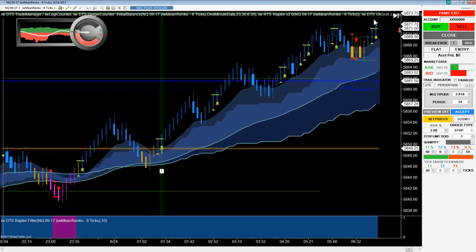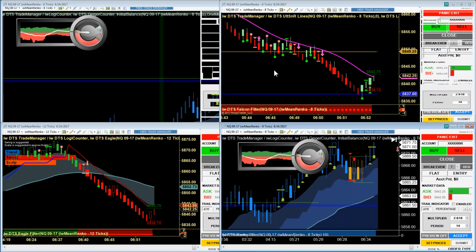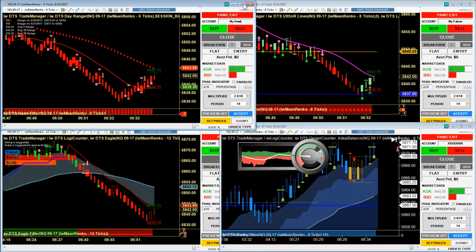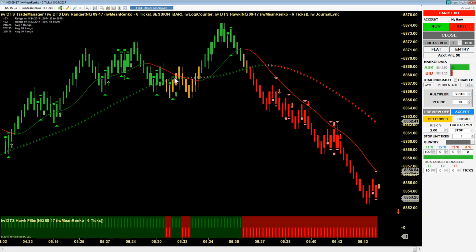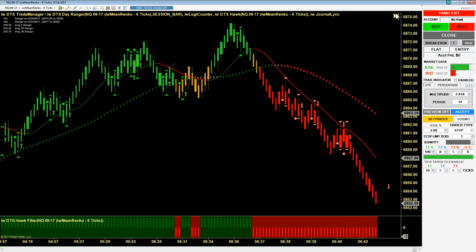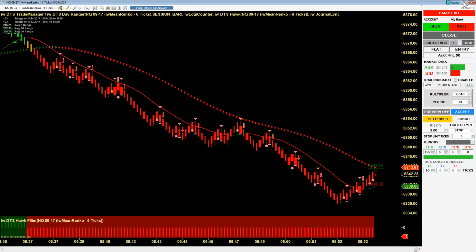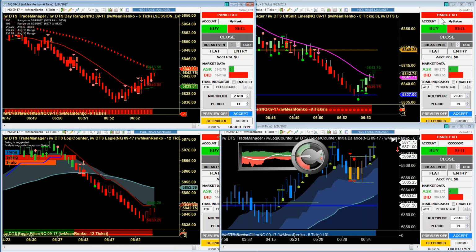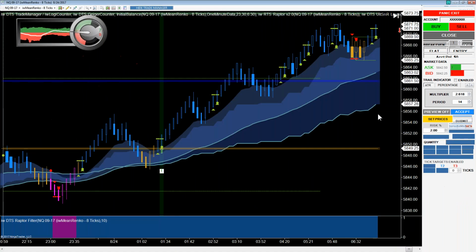It's like this last signal that developed here. You can see we got some yellow bars starting to creep in. This would have been a lot more sideways on the hawk. It would have looked a lot worse. Oh, maybe not so much worse on the hawk. But these yellow bars show neutrality, right?